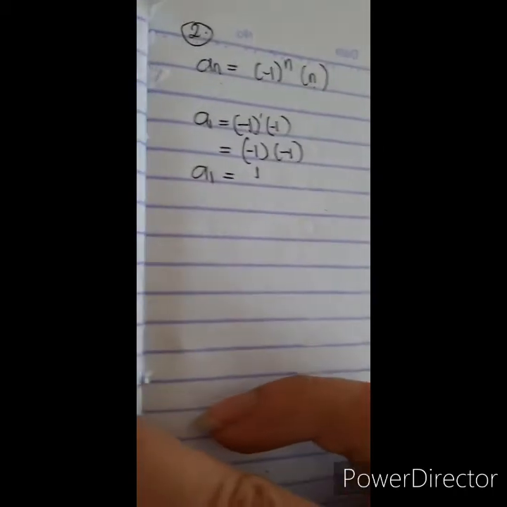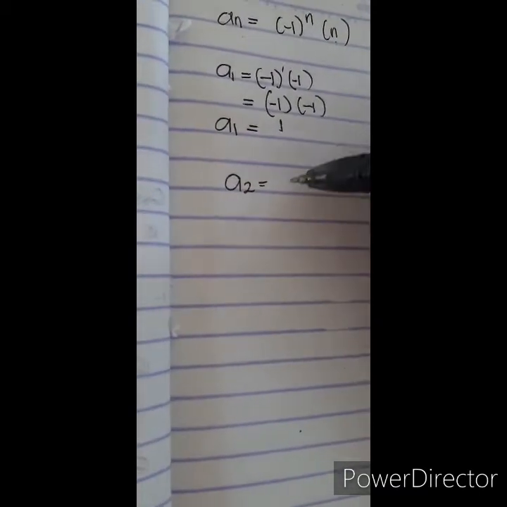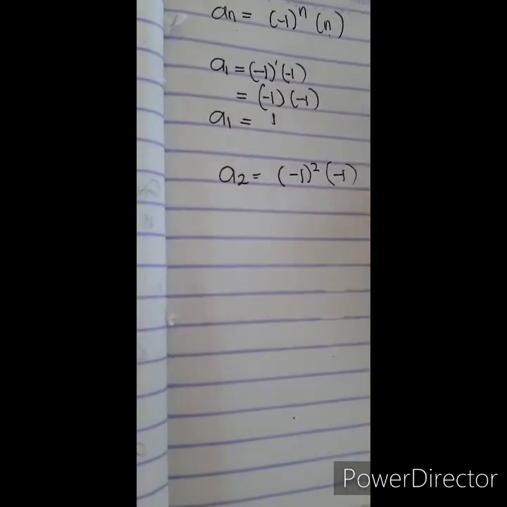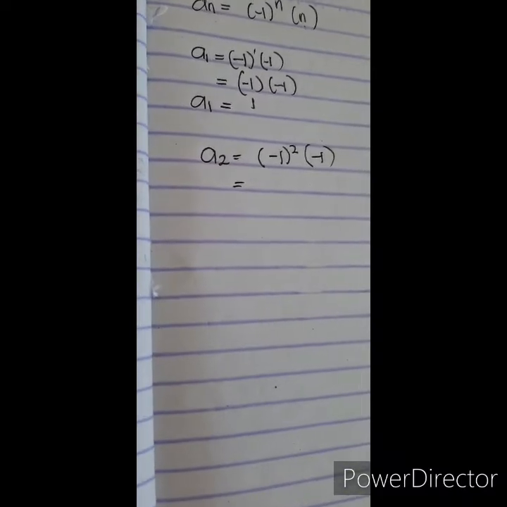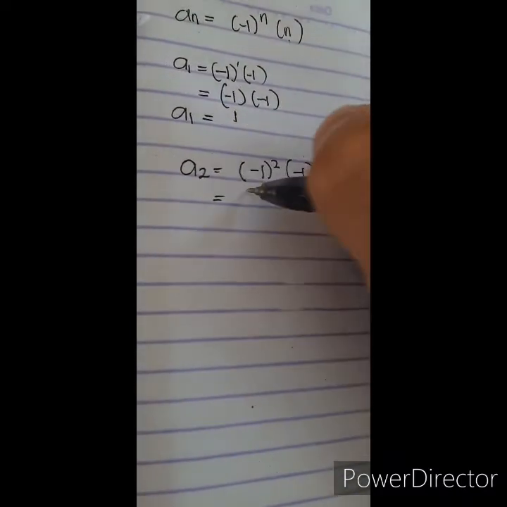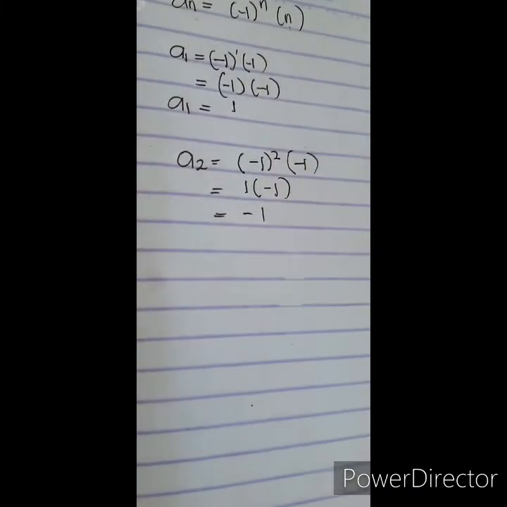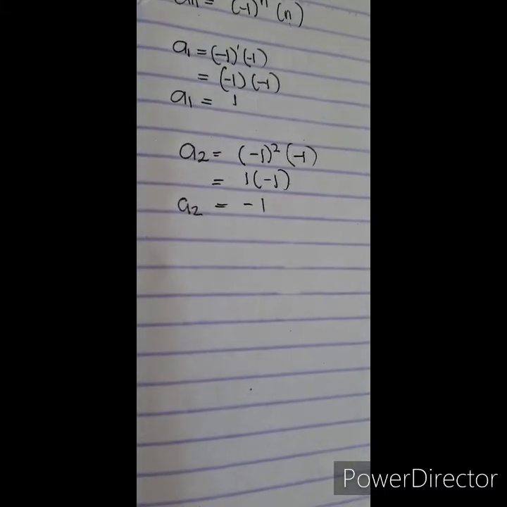For the second term, we have a sub 2 that is equal to negative 1 raised to 2 times negative 1. Next, we have negative 1 times negative 1 is equal to positive 1 times negative 1. Therefore, the answer here is negative 1. So a sub 2 is negative 1.